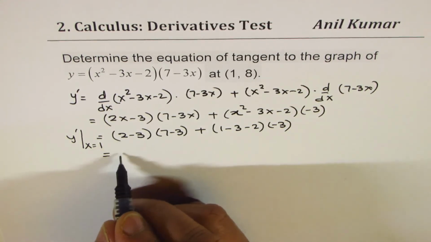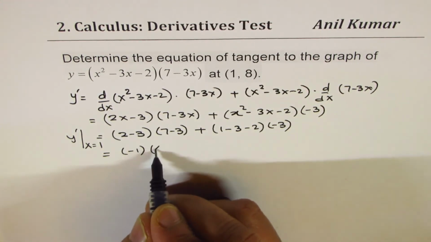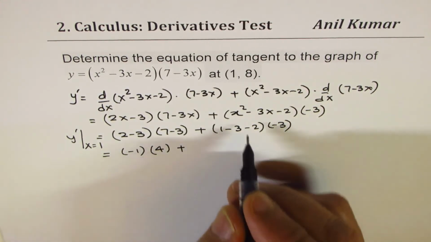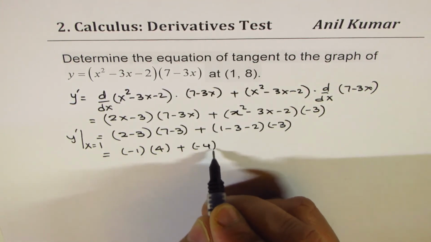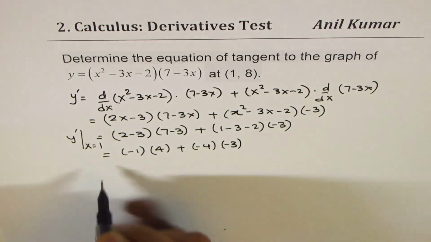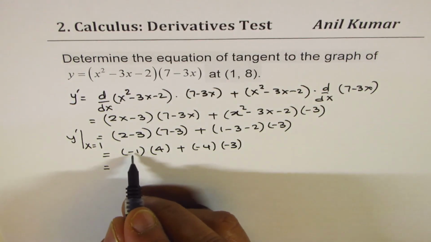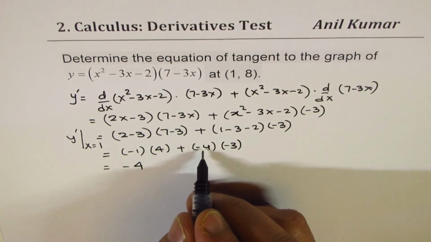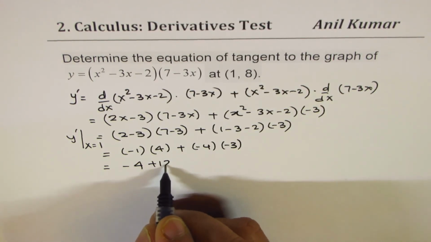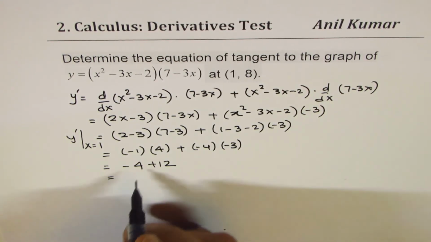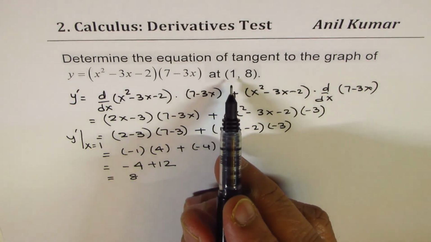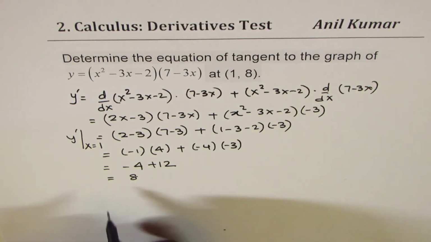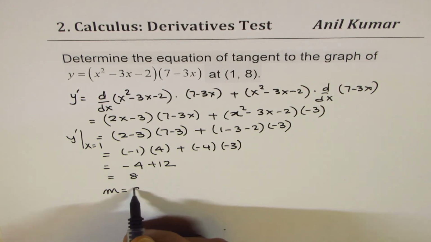So that gives you minus 1 times 4, since 7 minus 3 plus 1 is... no, 7 minus 3 is 4, and the other factor is minus 4 times minus 3, or minus 4, minus minus makes it plus 12, and that is indeed plus 8. So the slope at x equals 1 is 8. So we can write m equals 8.